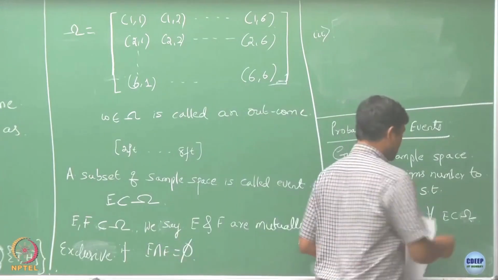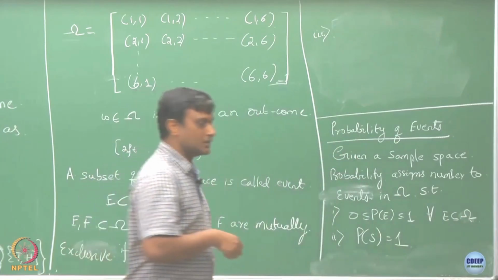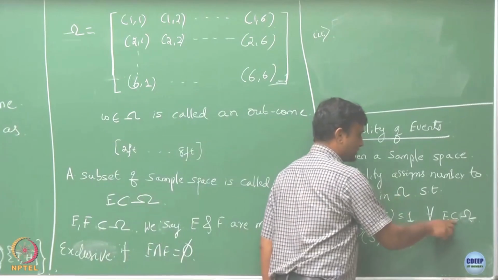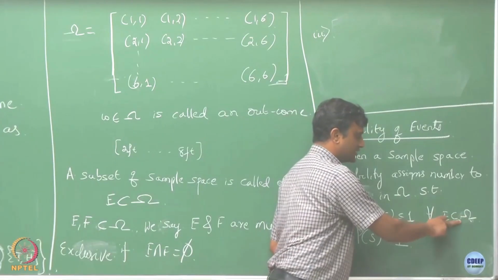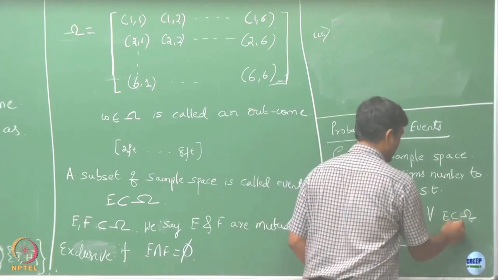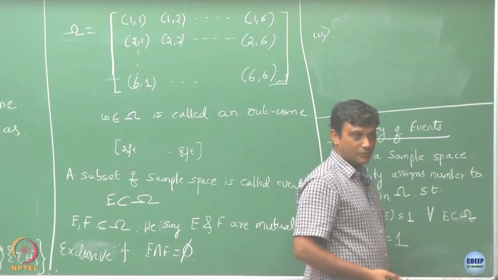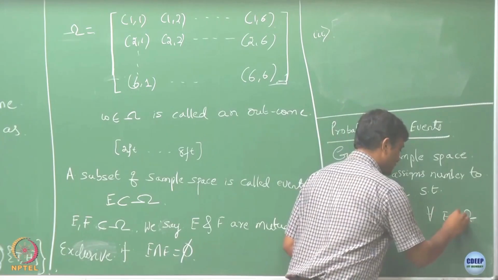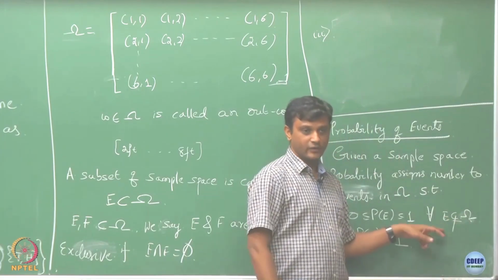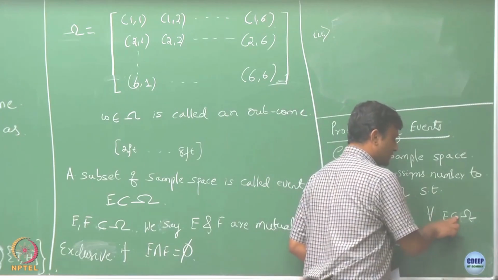Here not necessarily, it could be the full event space. When I use the notation subset, it is not necessarily a strict subset, it could be the entire set itself. If I specifically want to say that it's a proper subset, then I will use this notation, which means equality is not included.